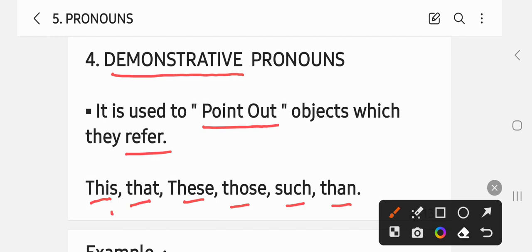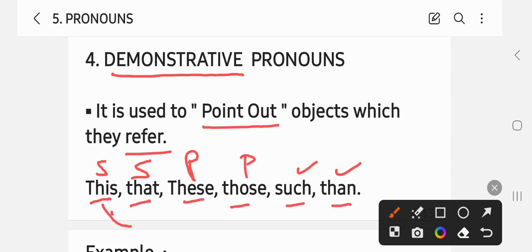This is the singular form of demonstrative pronoun and these is the plural which is used for this. Similarly, that is again a singular form of a demonstrative pronoun and those is the plural which is used for that. Such and than can be used in any case of demonstrative pronouns.